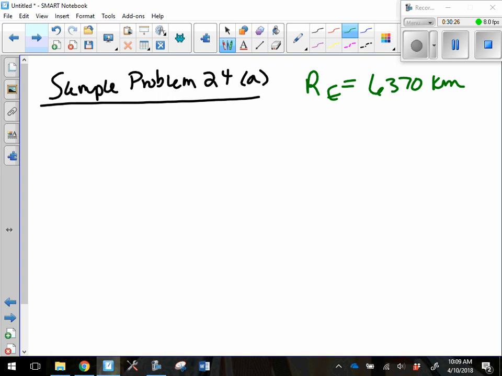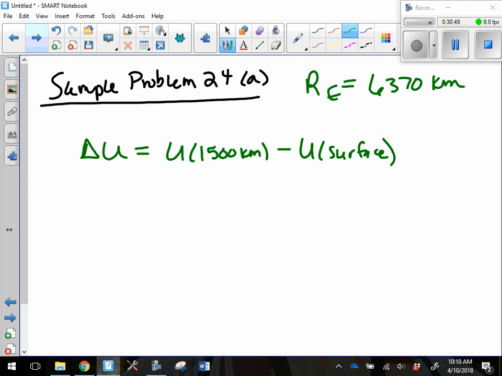Kinetic energy. Okay, so basically we want to figure out what delta U is and then compare it to what delta K is. So delta U is always going to be U final, which is U at 1,500 kilometers, minus U initial, which is U at the surface.